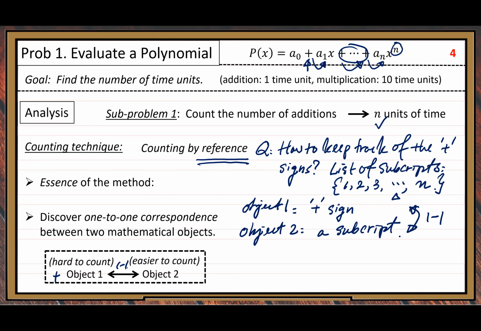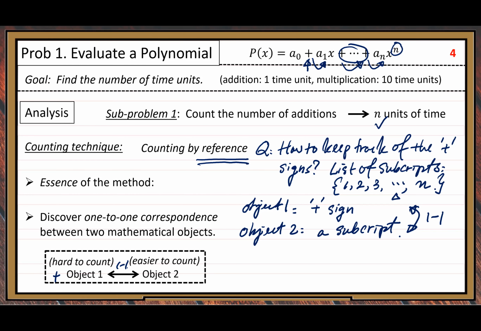Instead of counting the number of object 1 directly, we count the number of object 2. After we get the answer, we know the number of object 1 has the same answer because of the one-to-one correspondence. That's the way we find the correct answer. This method is called counting by reference.